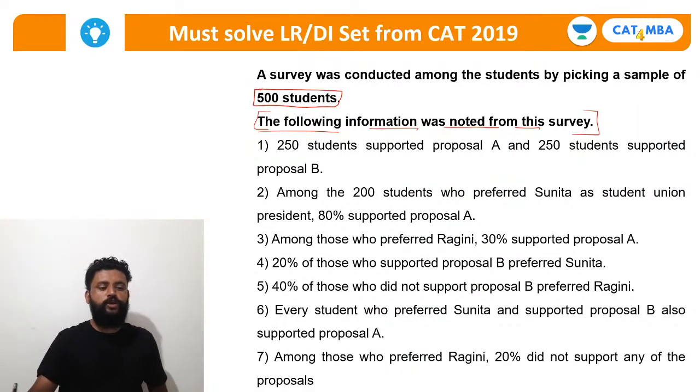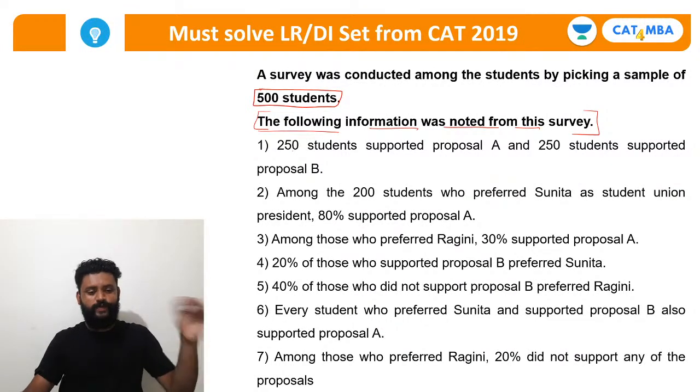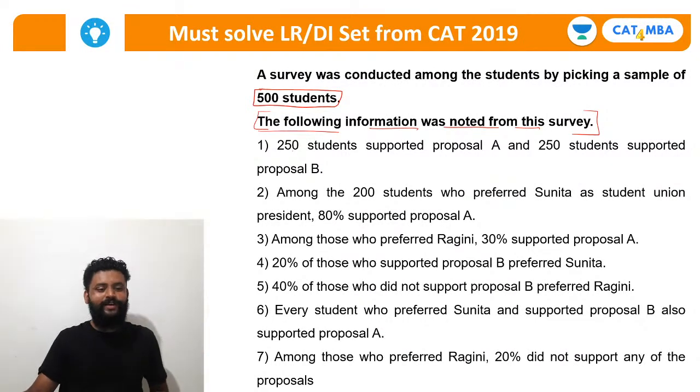Then 40% of those who did not support proposal B, so this is again a slightly different clue, preferred Ragini. Every student who preferred Sunita and supported proposal B also supported proposal A. And among those who preferred Ragini, 20% did not support any of those proposals.